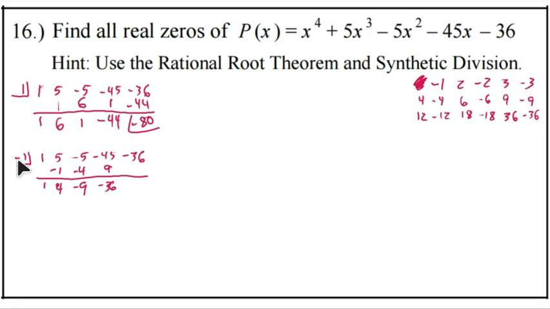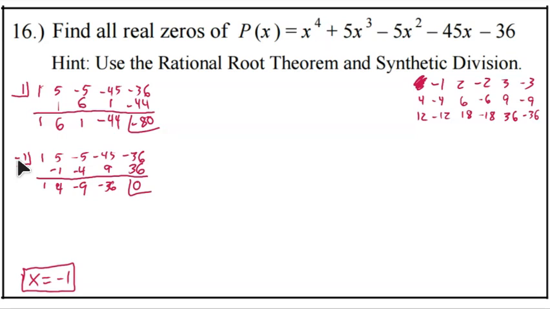Negative 36 times negative 1 is positive 36, plus negative 36 is 0. We have found one of our real zeros, negative 1. So we can say that x equals negative 1 is one of our real zeros of this polynomial.